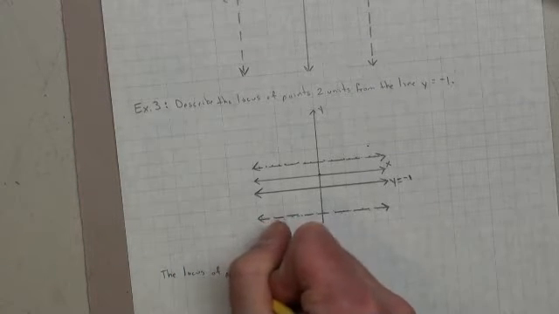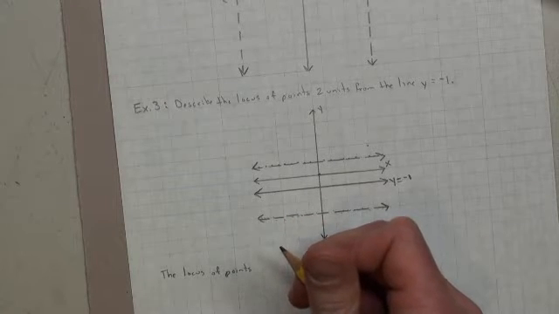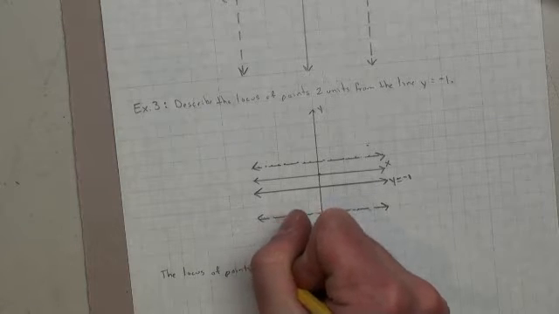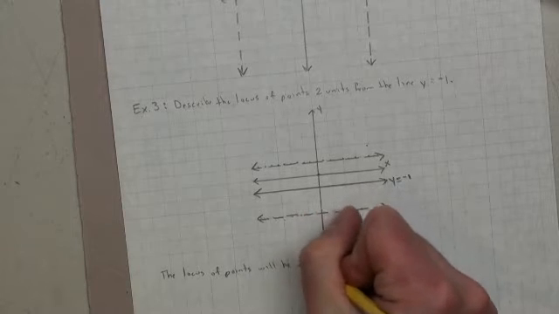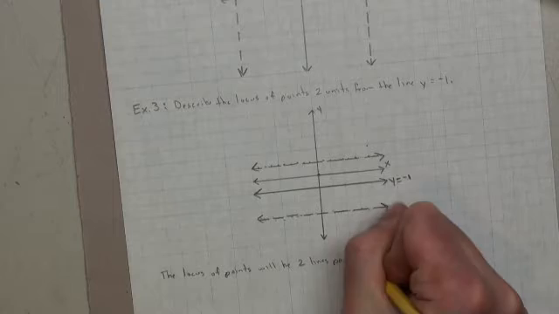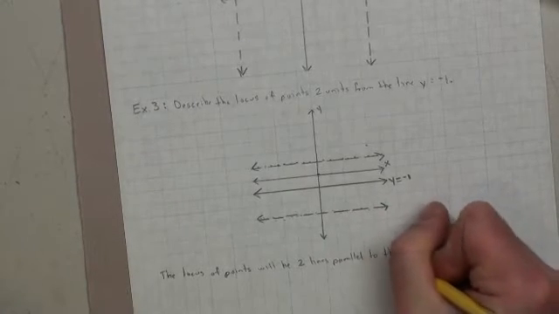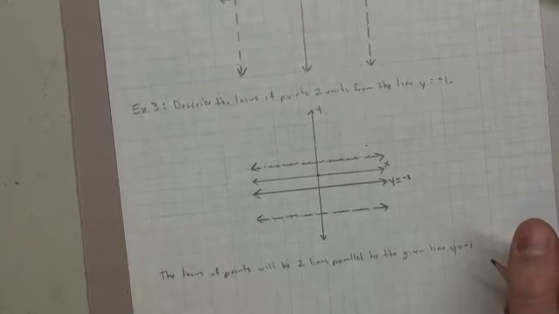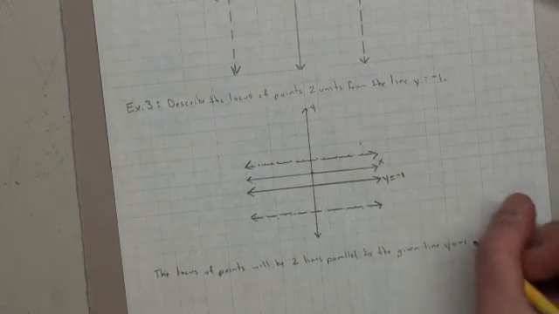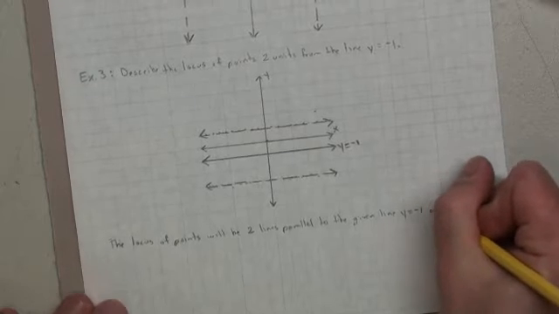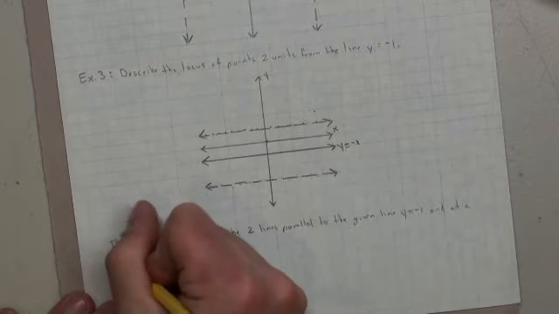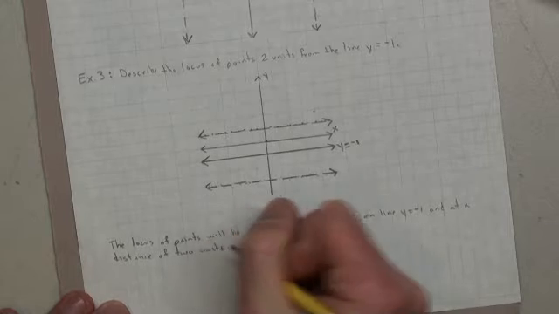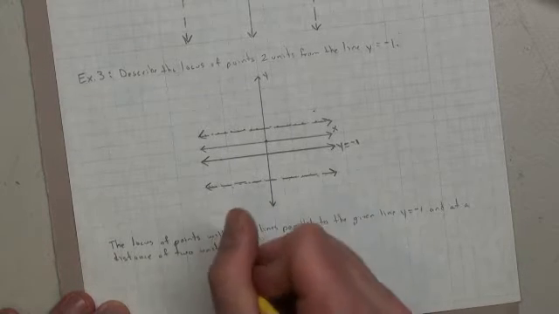The locus of points will be 2 lines parallel to the given line y equals negative 1 and at a distance of 2 units away from the line.